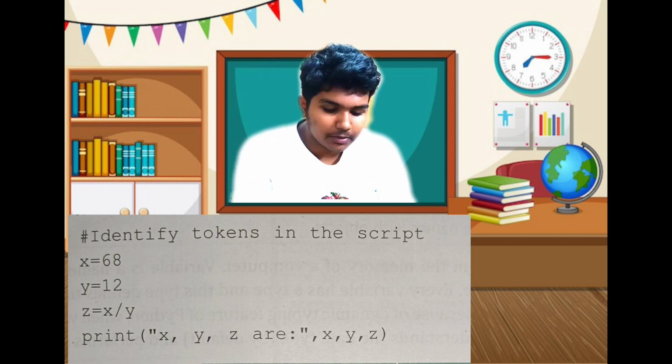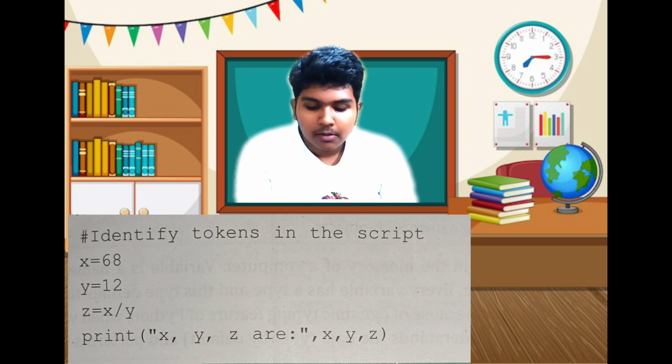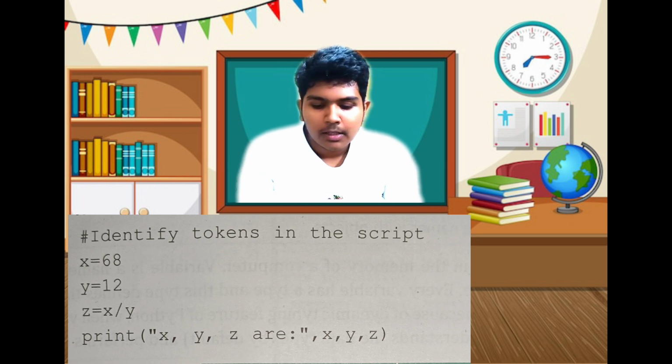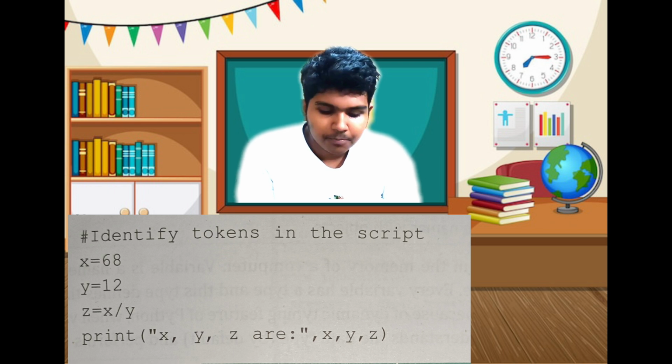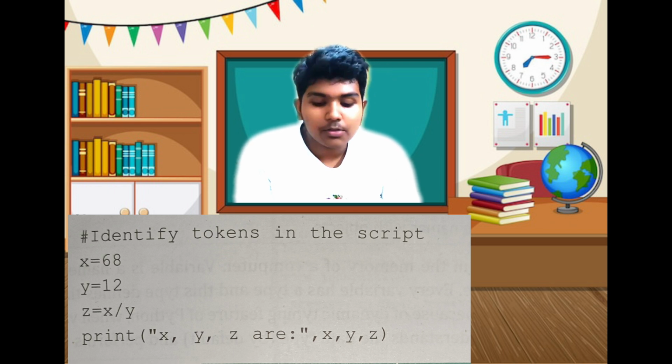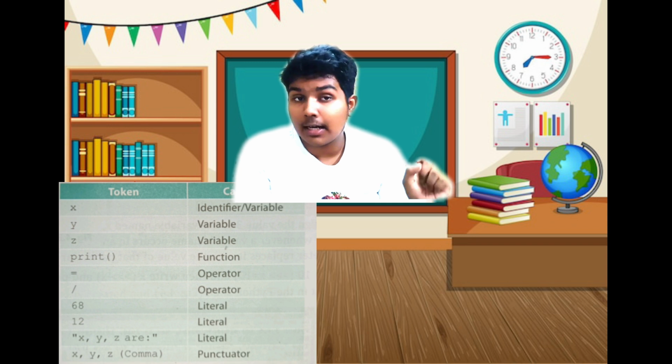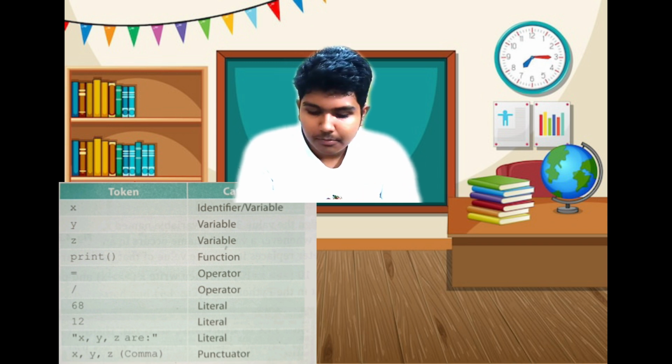Let's see what the tokens are. Here x is given, y is given, z is given, and then print. The categories for each are: x, y, z are identified as identifiers or variables.